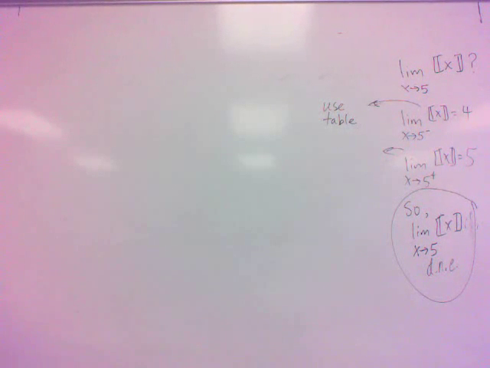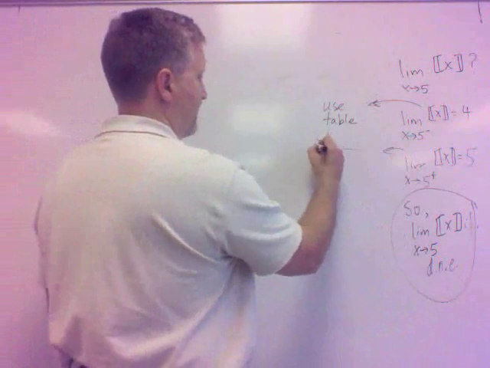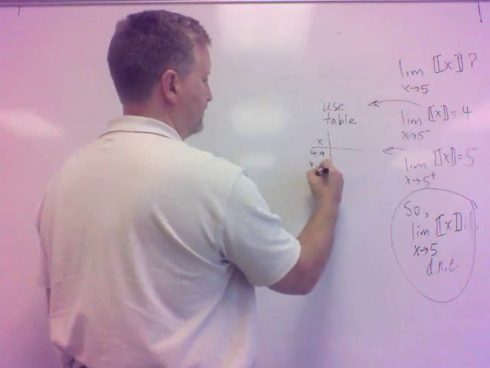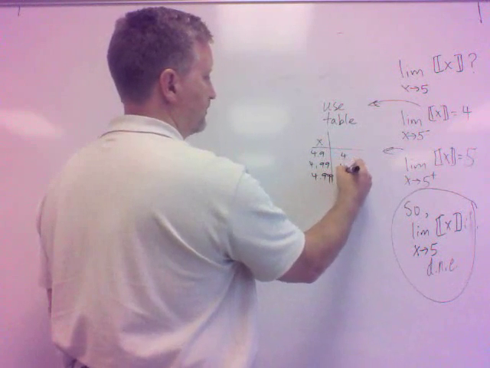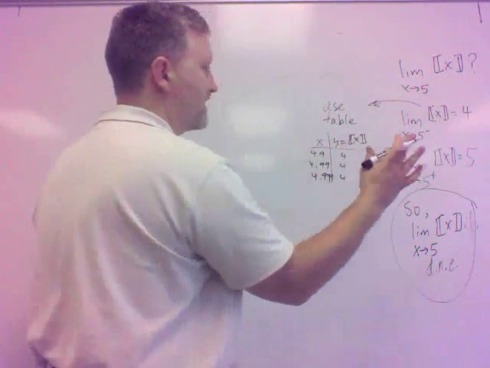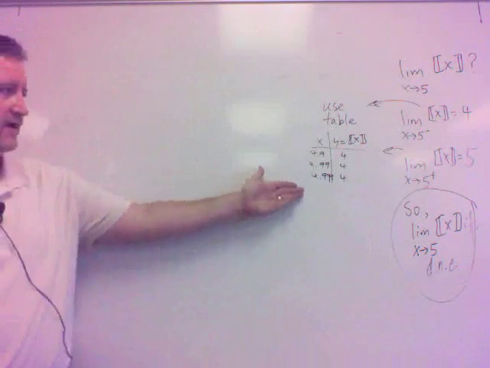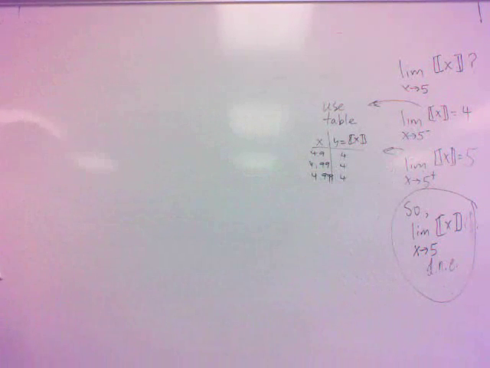If you come in here, the x value is less than 5. So if you go 4.9, 4.99, 4.999, as you approach 5, all these values are 4 for the greatest integer. So that's what I would say if it asks you to use a table or something like that. Just go back to approaching 5 from the left, and then you do the same thing, 5 from the right. Okay.